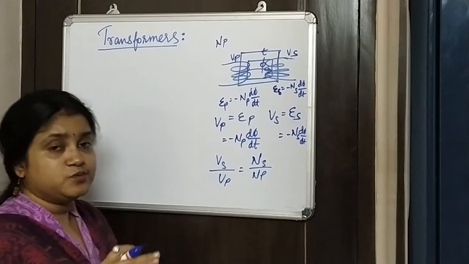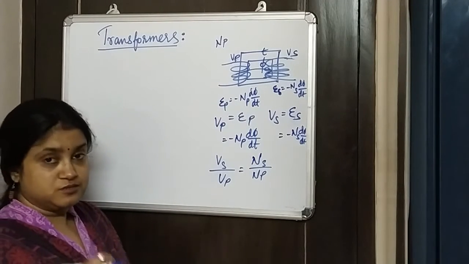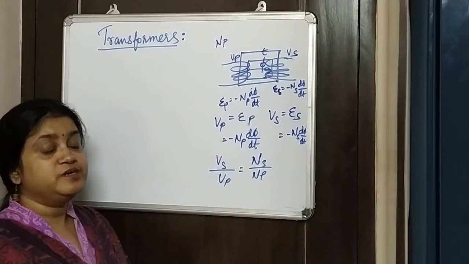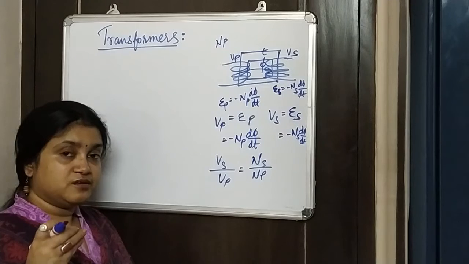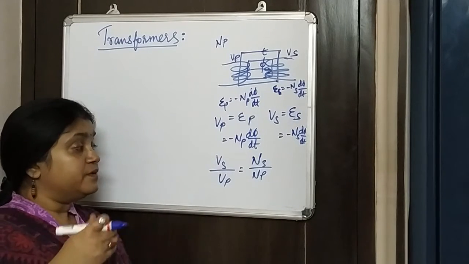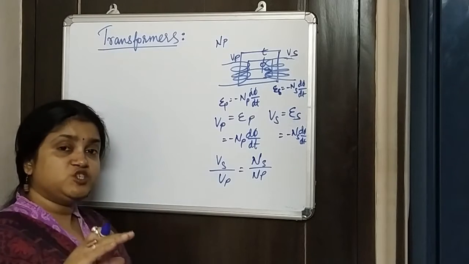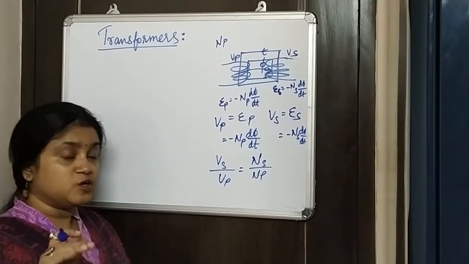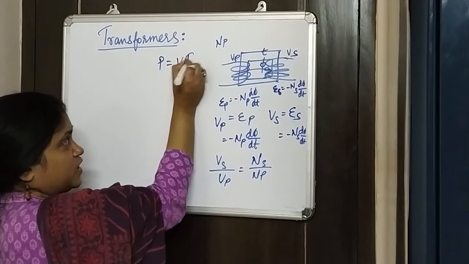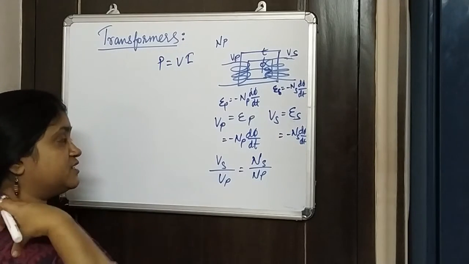Now let's suppose there is no power loss. There are power losses in a transformer, and we'll talk about the various power losses in the next classes, but here we are assuming that there is no power loss. So let's talk about power. Power is V into I, that is voltage into current.